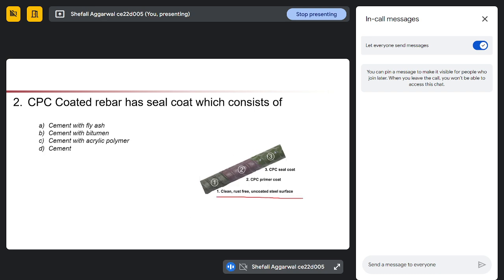We have the uncoated steel surface, then we have the primer coat, then the seal coat. So what will the seal coat consist of? From here you can see this looks like normal cement, but this looks like it has some epoxy or some polymer mixed into it. So it is neither fly ash nor bitumen. It is a type of acrylic polymer. Answer is C. Okay.